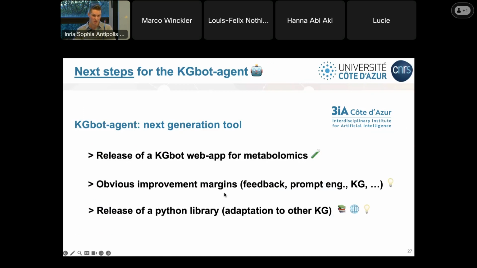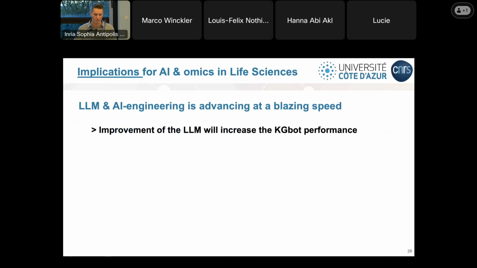But this is also the early stage. So there is likely a lot of improvement that can be done by some tweaking on the prompt engineering level with feedback from experts, both on the knowledge graph side and the mass spec side. And our goal is to have both a web app that can be deployed easily, but also a dedicated library so people can develop in different directions.